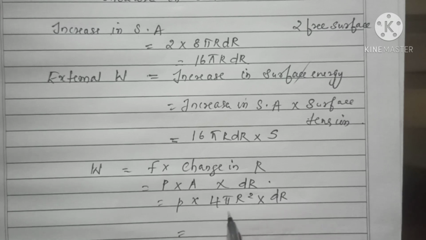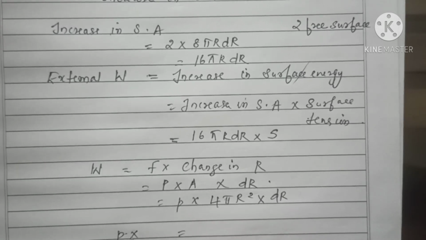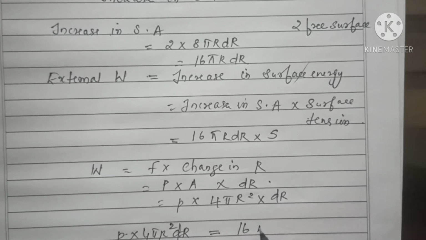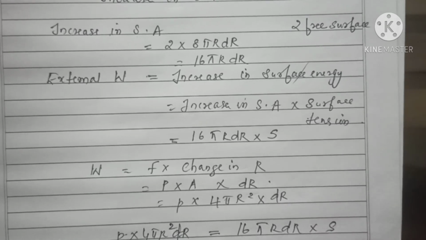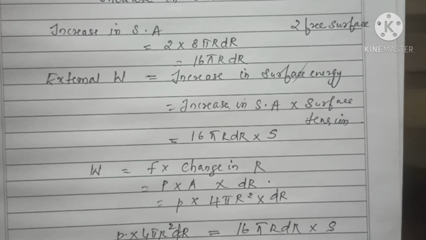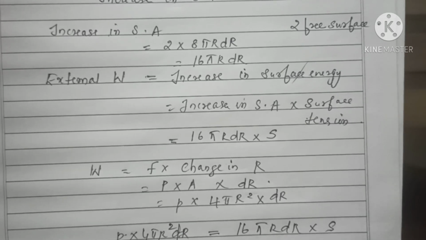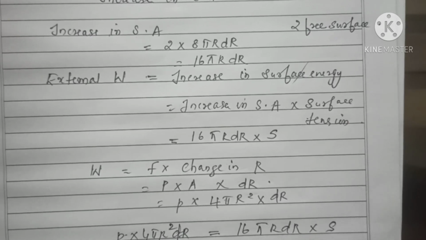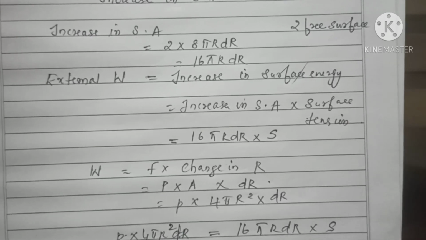That is, the first one is P into 4 pi r squared dr, which is equal to 16 pi r dr into S. Therefore, what is P? P is equal to 16 pi r dr into S divided by 4 pi r squared dr. Clear?